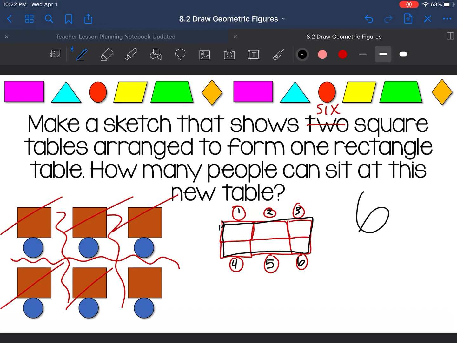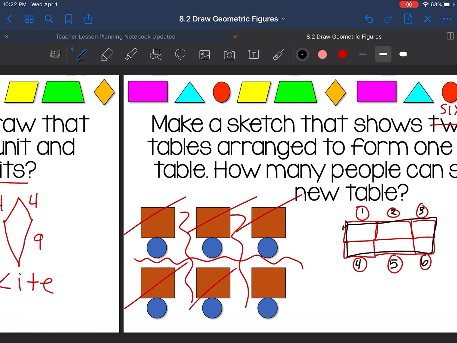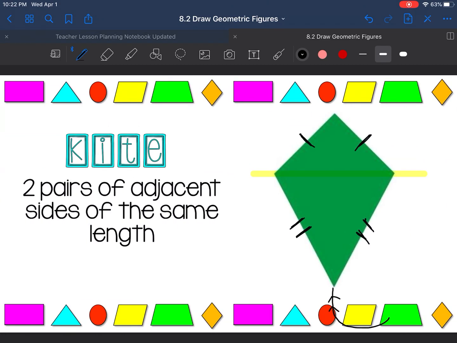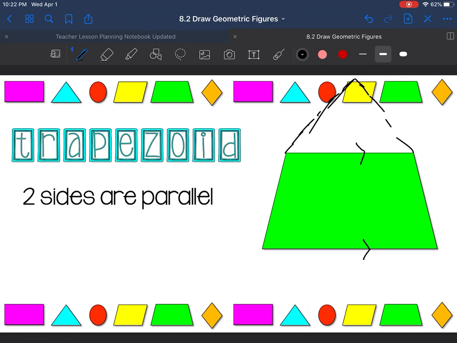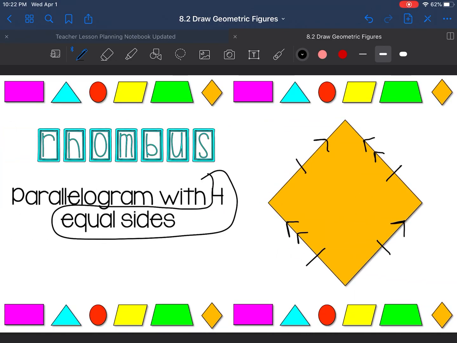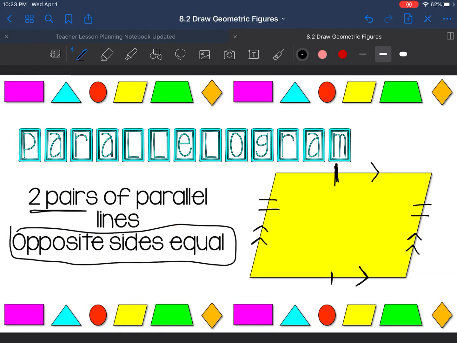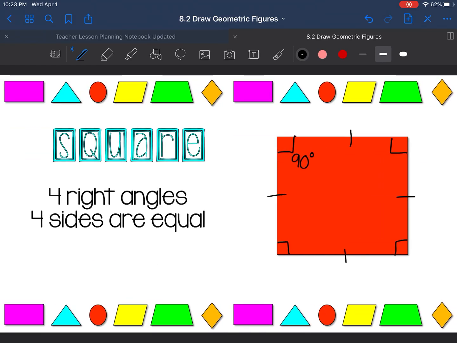All right, guys, so when you're doing this lesson, that is all that you have to do. If you did not take notes over the shapes, I recommend going back and taking notes over how many sides are equal. Maybe even draw the pictures like how I drew them here in the beginning with our kites, and I put what sides are equal, because all of the rest of your problems today are going to be very similar to the ones that we did here together, where it's going to ask you to draw shapes and combine shapes if you need to, but knowing the equal sides and the sides that are parallel to each other is going to be crucial.